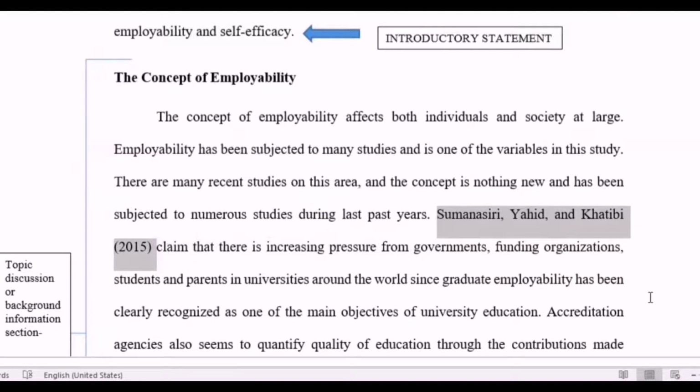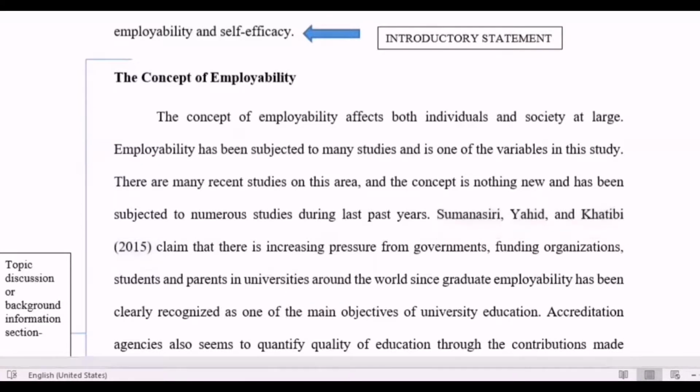Okay? This is one way of citing your references. This is in-text citation. No? Suma Nasari, Yahid, and Katibi 2015 claim that there is an increasing pressure from government, funding organizations, students, and parents in university.